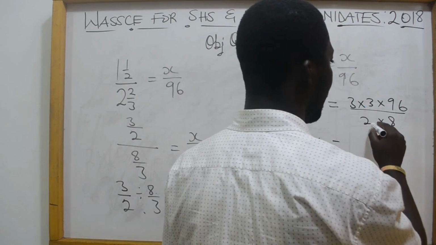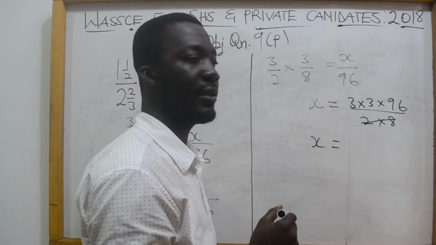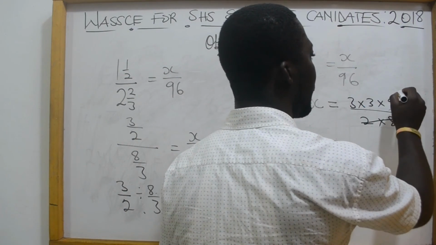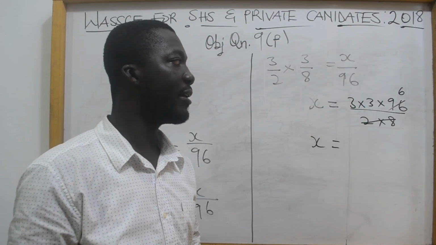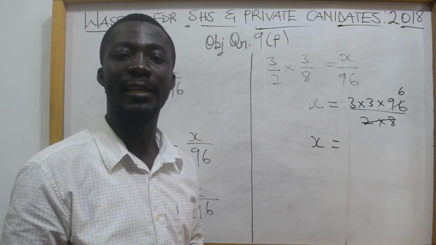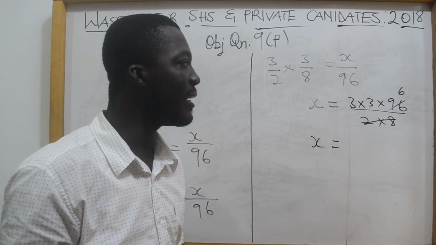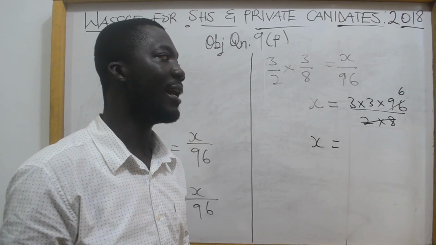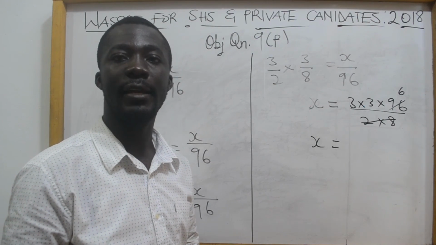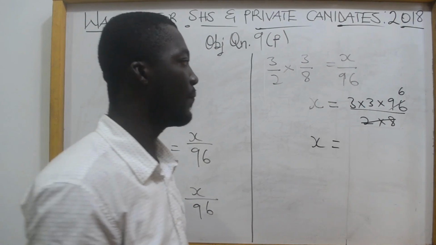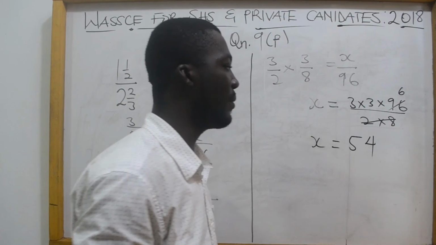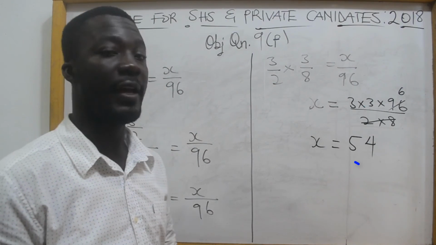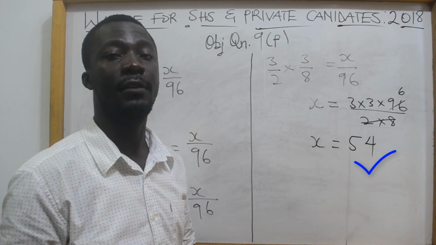So the whole of this denominator can go here, which is 6. 6 times 3 is 18, and 18 times 3 is 54. So the value of x is 54.